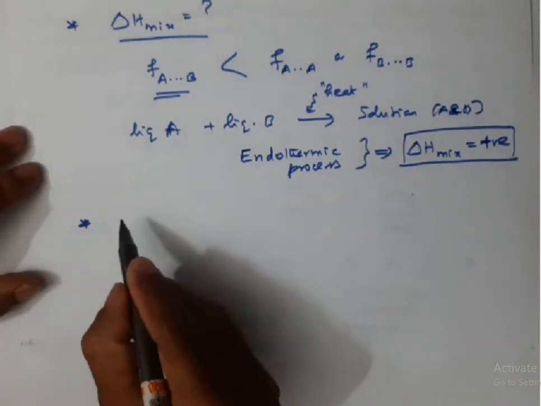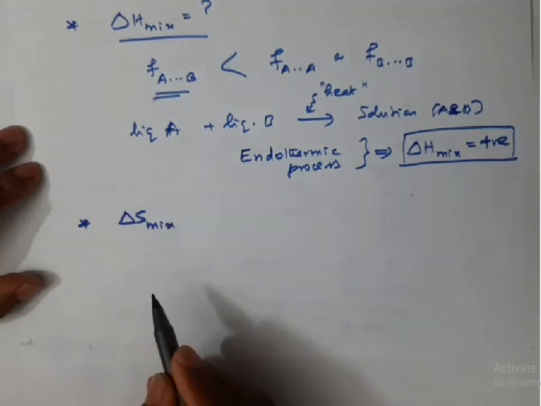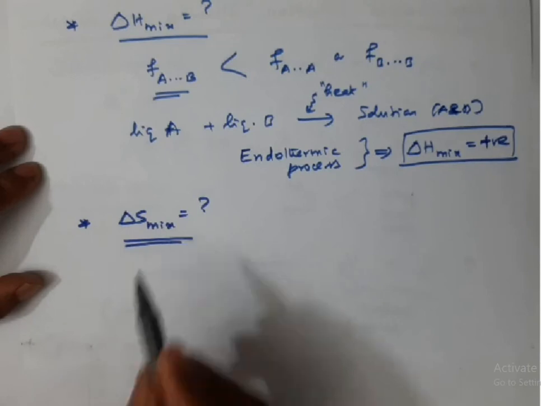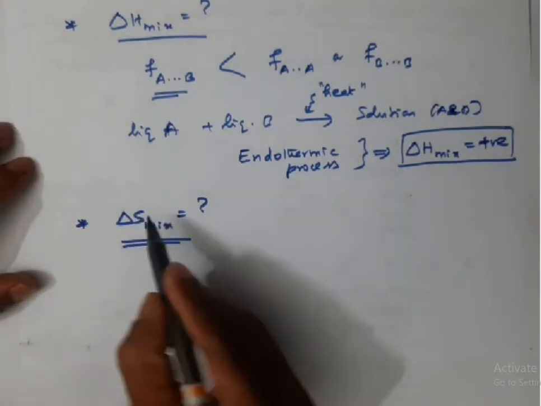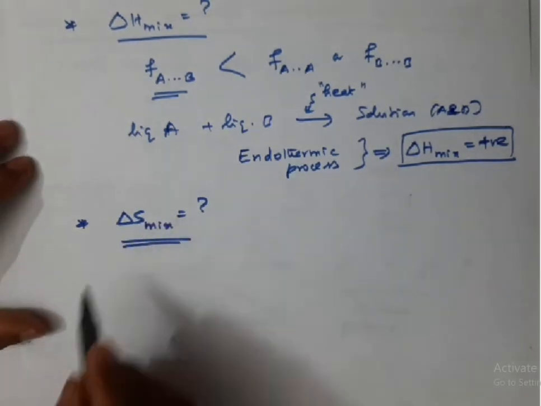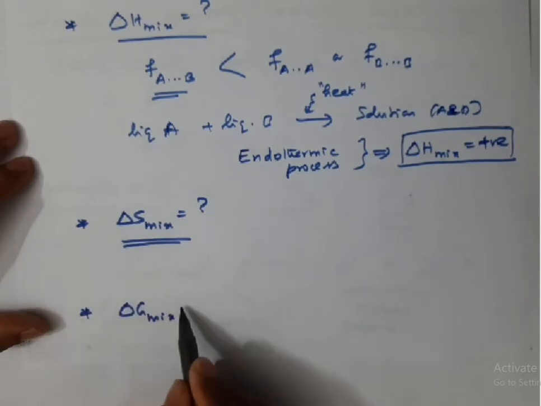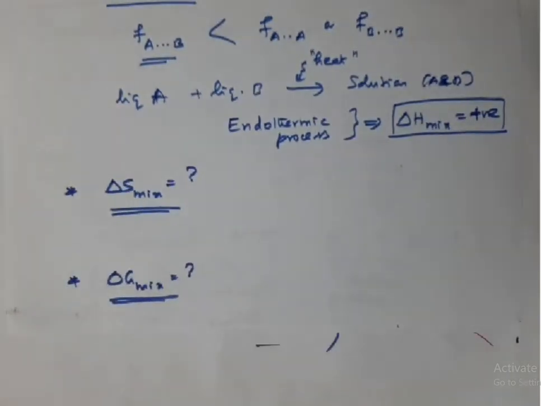Then what about delta S mixing? Before that, let me take delta G mixing. I'll finish delta G mixing so that you can easily understand this. What is delta G mixing?